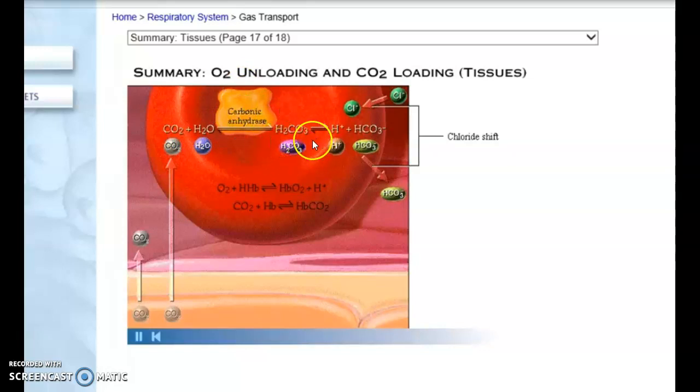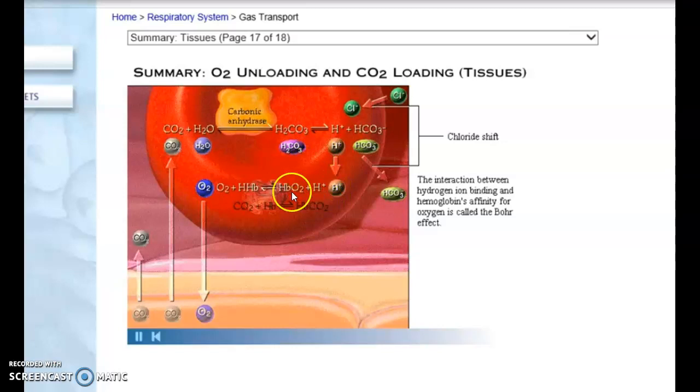Okay, now carbonic acid then dissociates into the proton and the bicarbonate ion, where the bicarbonate ion then shifts and goes into the plasma again, trading places with the chloride ion.